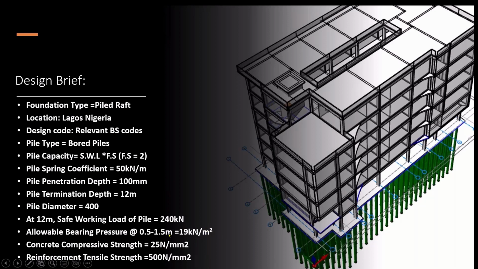You can see that this value is very, very low, very, very poor. And that is why we are now adopting piled raft. Concrete compressive strength is equal to 25 Newton per millimeter squared. Reinforcement tensile strength, 500 Newton per millimeter squared.